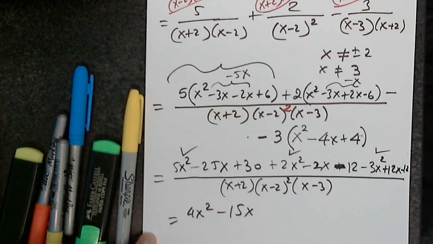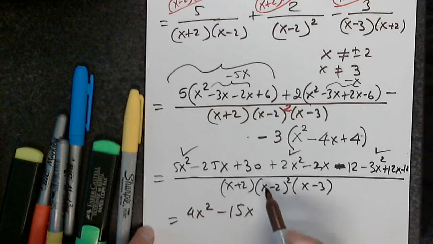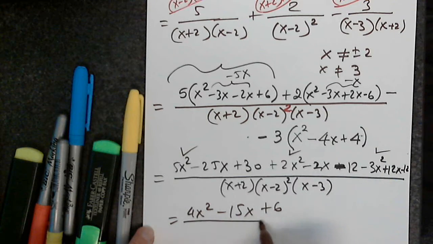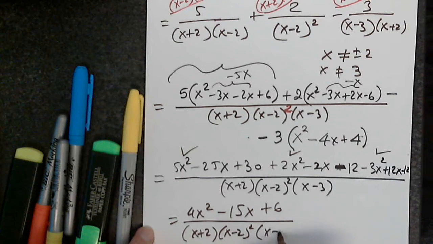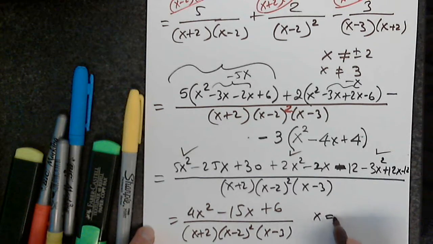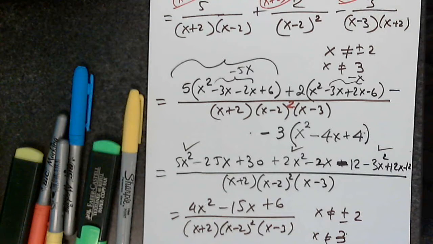Am I correct? And then 30 minus 12 is minus 24, so that's positive 6 over this whole thing with the given restrictions, the restrictions we wrote. Any questions?